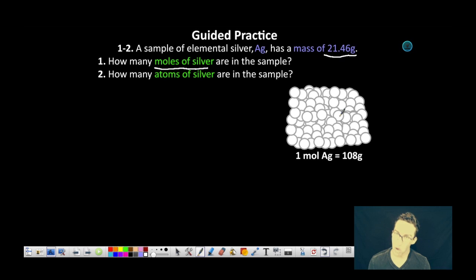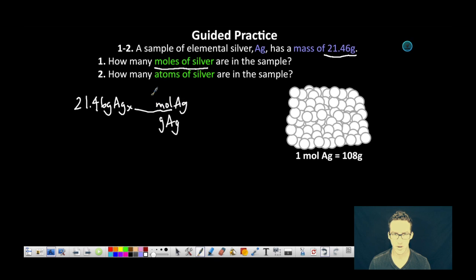21.46 is smaller than 108 grams. Therefore, we're going to have less than 1 mole. So let's see if that's the case. We're going to bust out some dimensional analysis here. Again, we start with our known amount, 21.46 grams of silver. We convert to moles of silver using the molar mass.